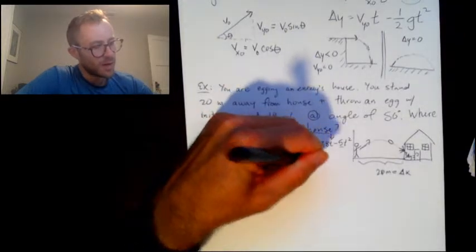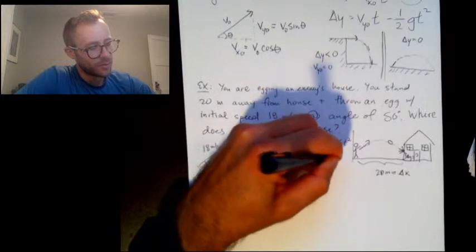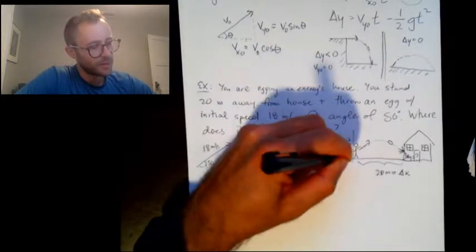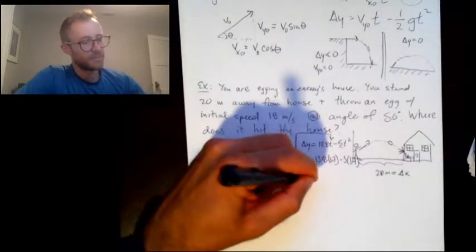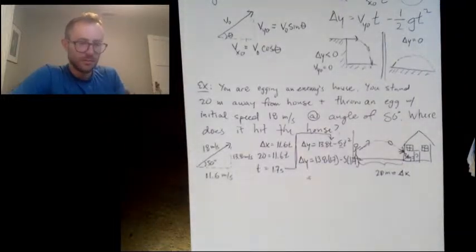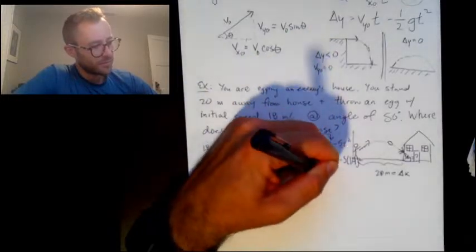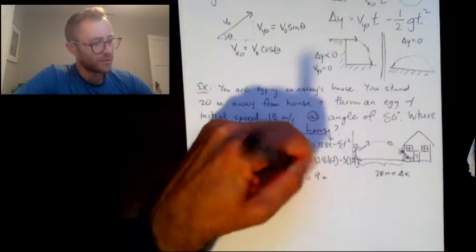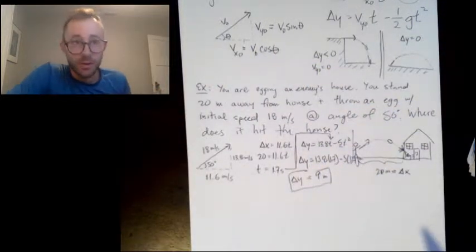We have delta y equals 13.8 times 1.7 minus 5 times 1.7 squared, and we get about 9 meters is delta y. So that is our answer. That is how high up the egg will hit the house.